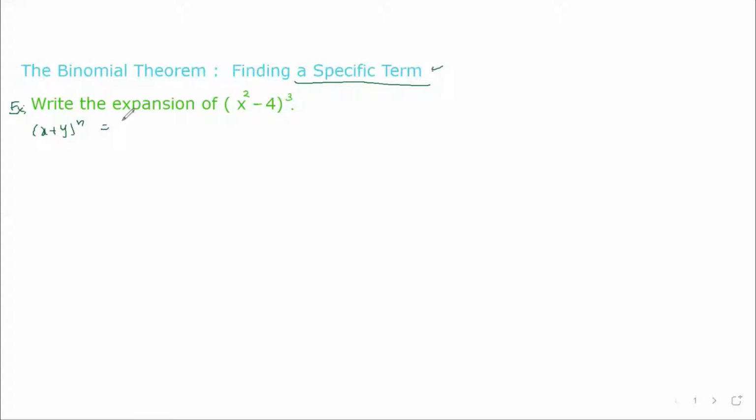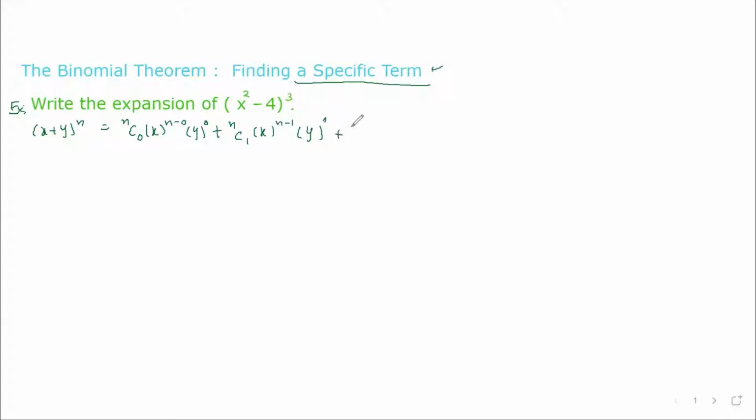So this formula is gonna be nC0, correct? We start from combination n0. In this case, this one is gonna be x power n minus 0, and then y power 0. Again, we repeat the formula, okay? And then plus nC1, x power n minus 1, and y power 1, correct?